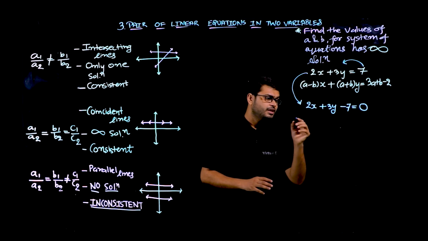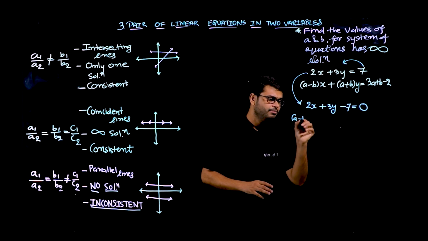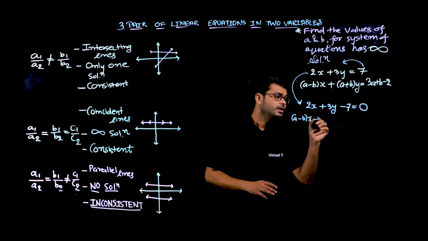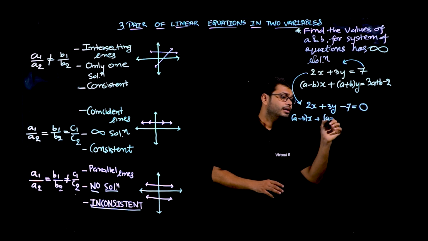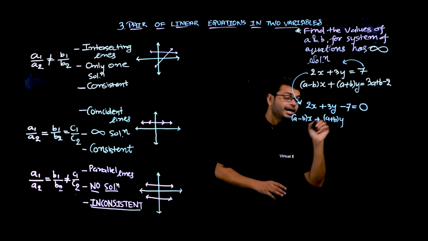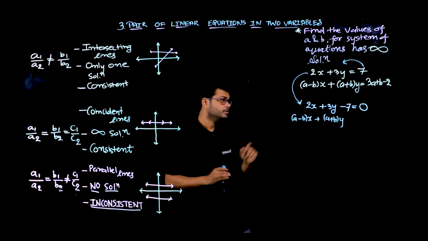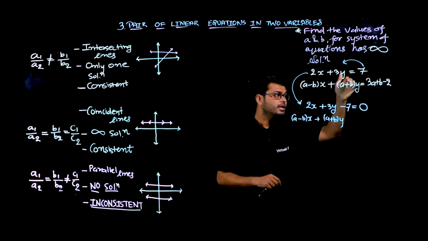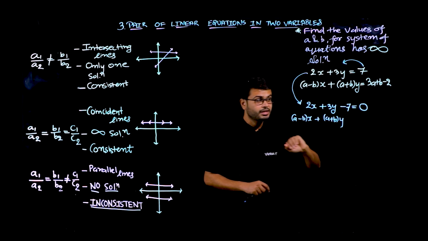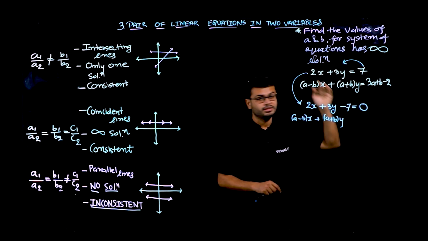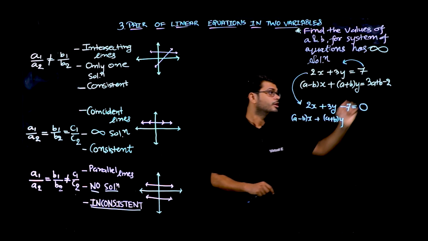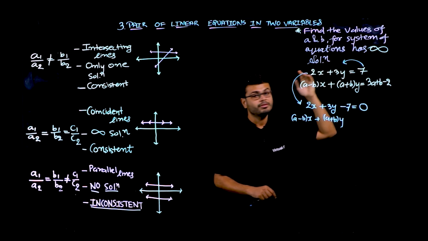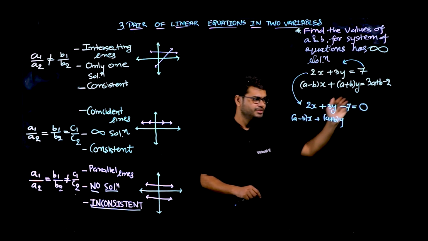So first term there is no issue, (a minus b) into x, plus second term (a plus b) into y, and third term. Now see, you have two choices over here. You shift 3a, you will be writing minus 3a. You shift plus b, that will become minus b. You shift minus 2, that will become plus 2, and RHS 0.